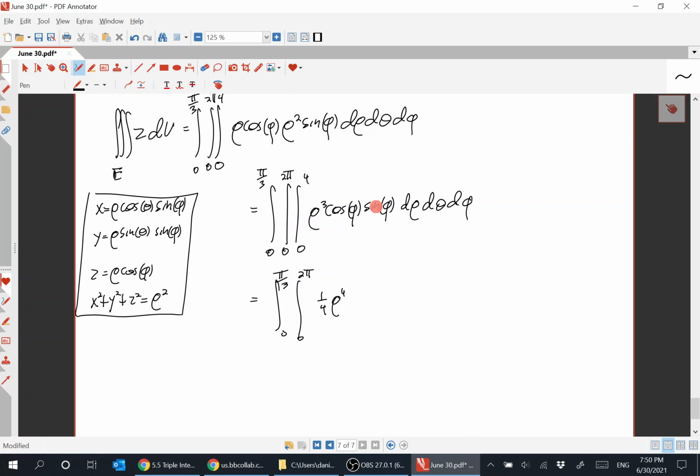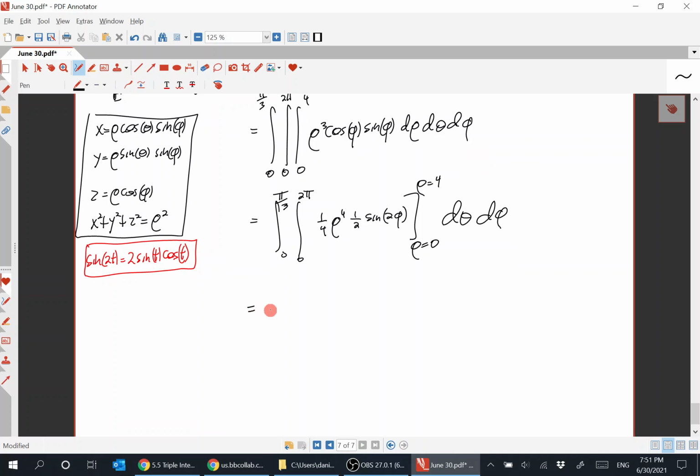To make this a little easier, remember sine 2t is 2 sine t cosine t. So remember this double angle formula. Okay, so I'm going to rewrite that as 1/2 sine 2 phi, with rho from 0 to 4, d theta d phi.